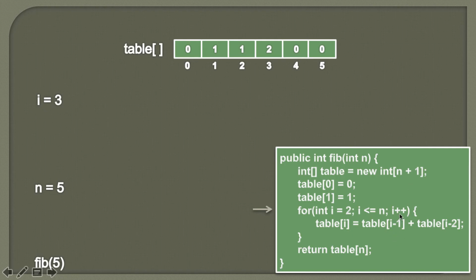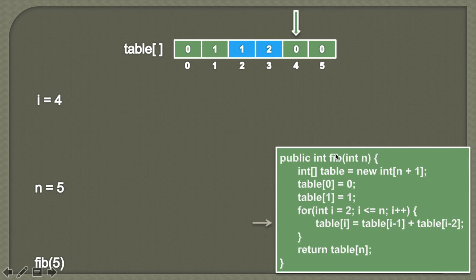Now when we increment I by 1, I becomes 4. And now we want to calculate the value of the fourth Fibonacci number, which is stored at the fourth index. And this value can be obtained by doing the sum of its two preceding numbers, which is at index 2 and 3, which can be obtained by taking the value of the table I minus 1 plus I minus 2.